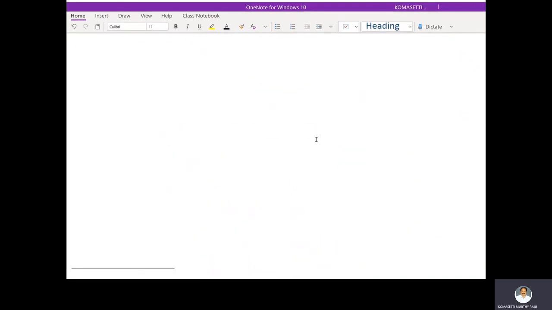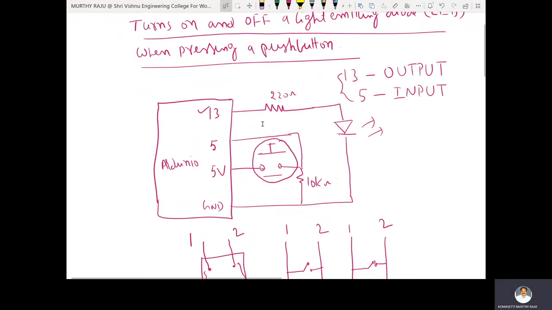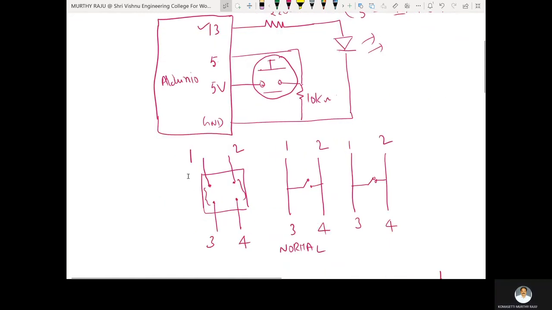Using this circuit, the 13th pin is connected to the LED anode and the LED cathode is connected to ground. The 13th pin is connected to the LED anode through a 220 ohm resistor. Here the 5th pin is connected. This push button has 4 legs, 1, 2, 3, 4. 1 and 3 are internally connected. 2 and 4 are internally connected. The 5 volt is connected to this third one because 1 and 3 are internally connected.